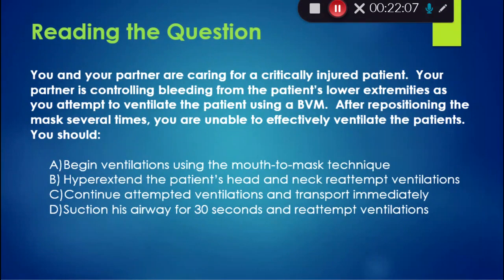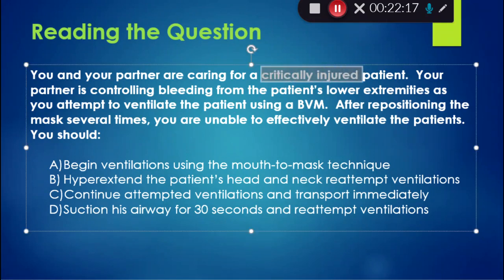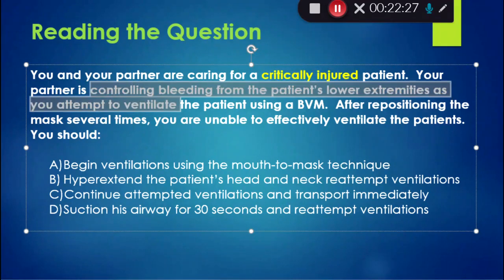Okay. We'll do a couple more here. You and your partner are caring for a critically injured patient. Okay, so let's identify that as something abnormal. Your partner's controlling bleeding from the patient's lower extremities. So we've got some hemorrhaging going on. Okay.